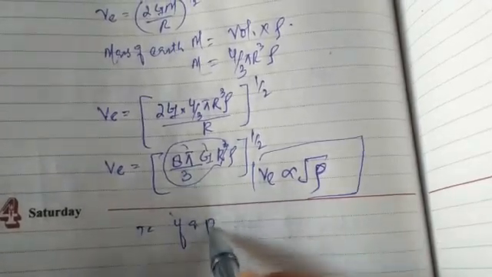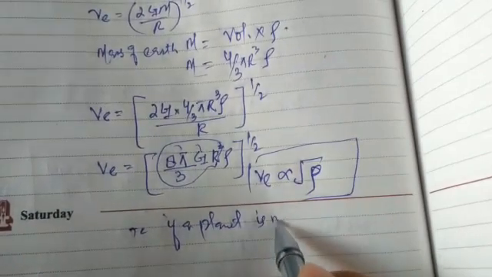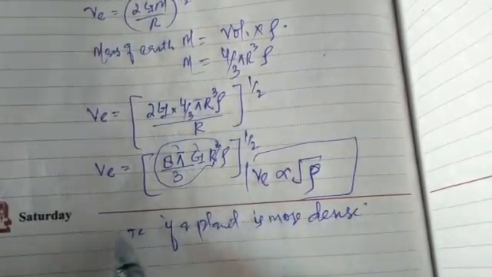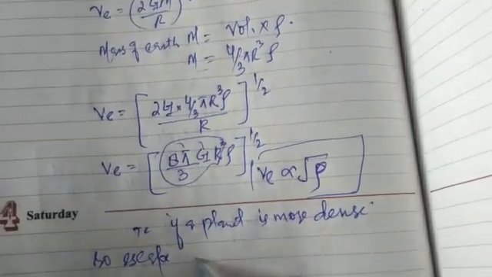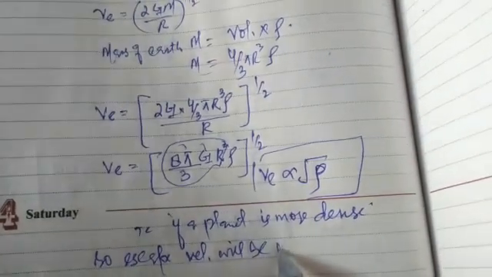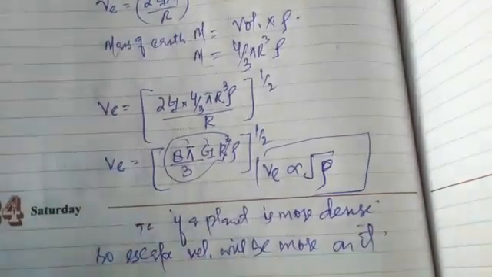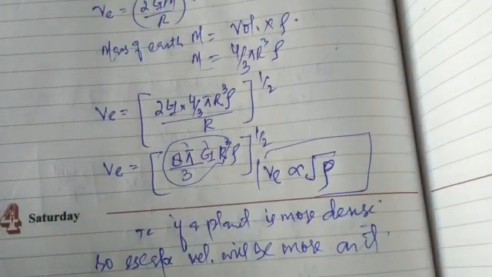If a planet is more dense, the escape velocity will be more on it. On the other hand, if we have a planet on which density is low, the escape velocity will be low.